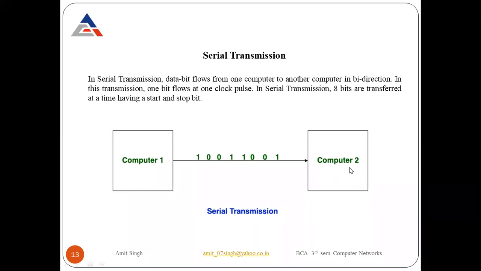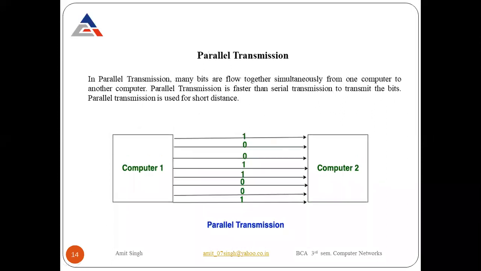I require 8 seconds to send the 8 bits to you. Total transmission time is 8 seconds. But in the case of parallel transmission, we are sending all 8 bits simultaneously, so only a single second is required to send the 8 bits. Clear? The transmission is parallel.